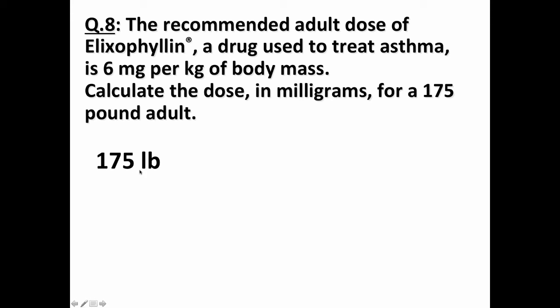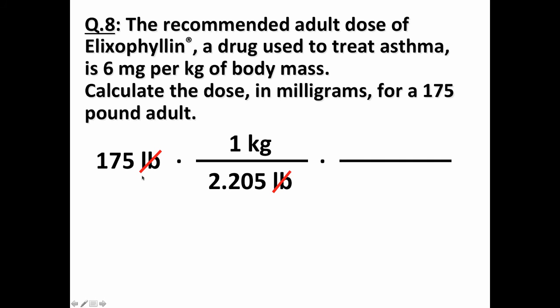So start with 175 pounds of body mass, find a conversion factor that converts from pounds of body mass to kilograms of body mass in this case, and it's 1 kilogram is 2.205 pounds, a value that you look up if you don't happen to know, and that converts the person's mass from pounds into kilograms. And then we look for a factor to convert from kilograms of body mass into, in this case we only have one more step, the milligrams of the drug elixophyllin.